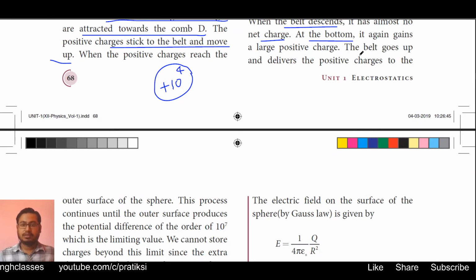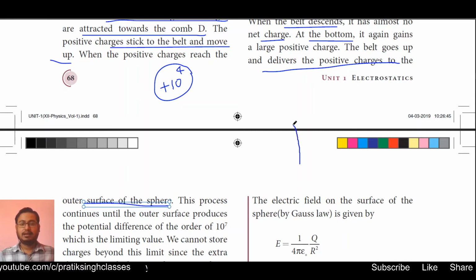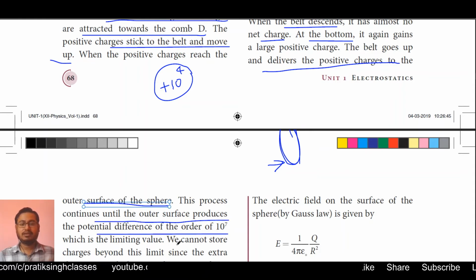So the belt goes up and delivers the positive charges to the outer surface of the sphere, and this movement of charges from C to D goes on. It goes from C to the upper surface D, and then through the spikes E it goes to the dome. This process continues until the outer surface produces a potential difference of the order of 10 to the power 7, which is the limiting value, means the maximum value.